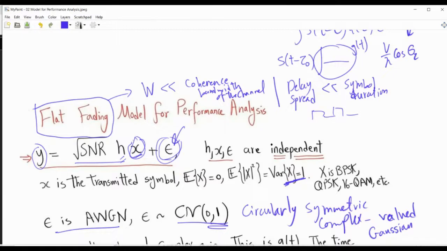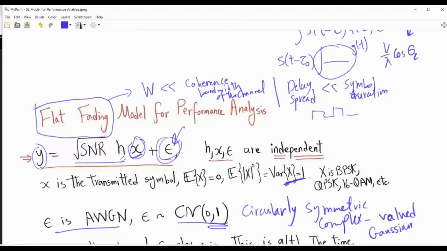And the challenge for the receiver is to detect x, to tell which symbol. So x is treated as something that can be, if you use 16 QAM, one of 16 possibilities, and the challenge is to tell which one. Okay, that's exactly the detection or hypothesis testing problem.